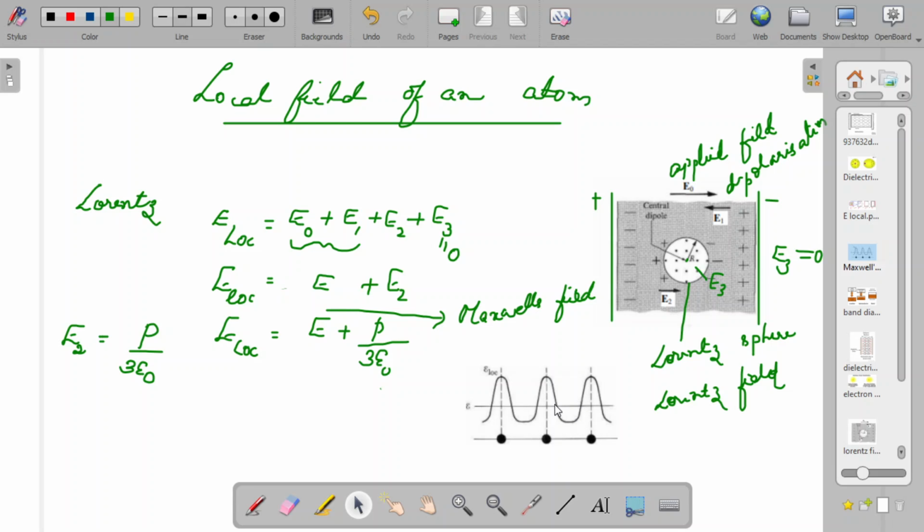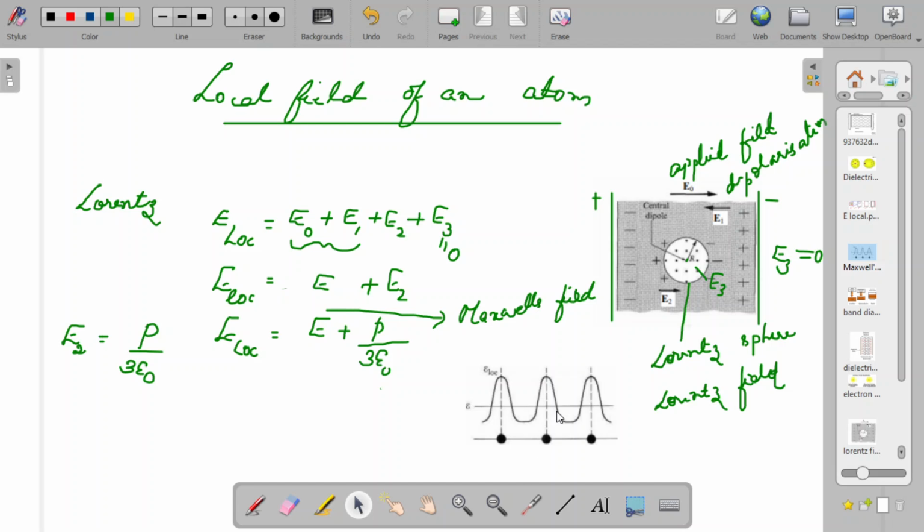So what we understand is that the field experienced by the molecular site is more than the total effective applied Maxwell's field. So the molecules are more effectively polarized than they are under the average field. That is what it means.